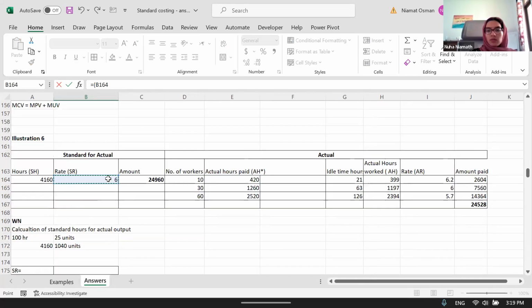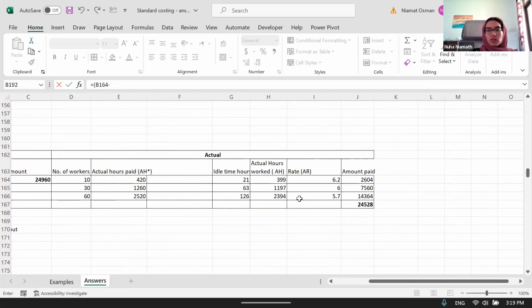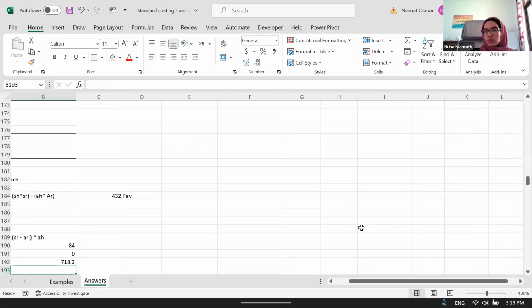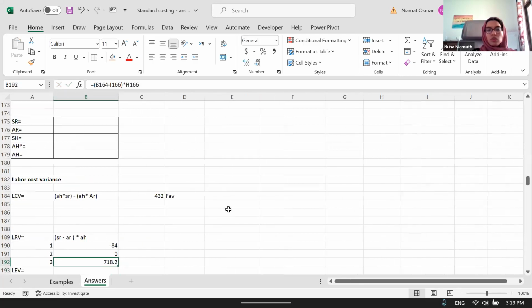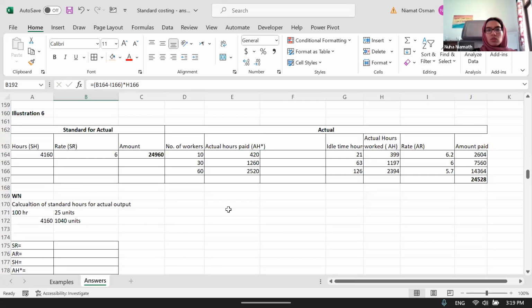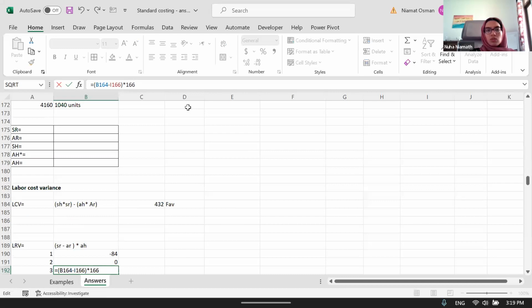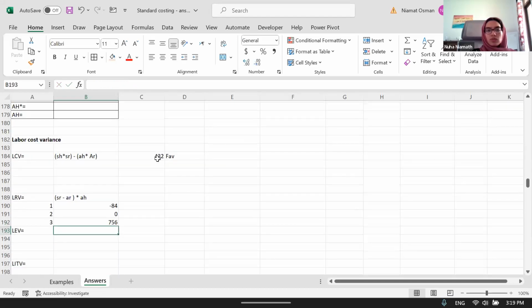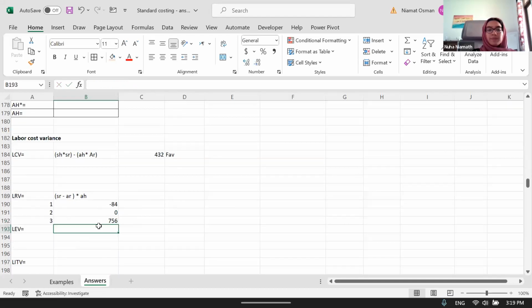Then we have SR minus AR into... Correct. Now, right?